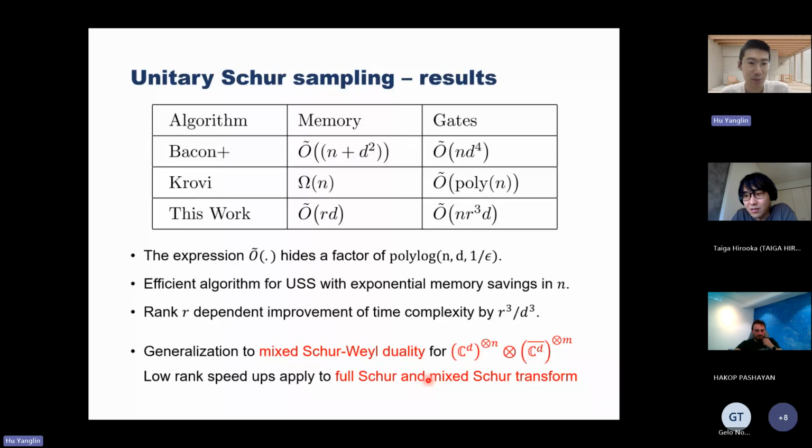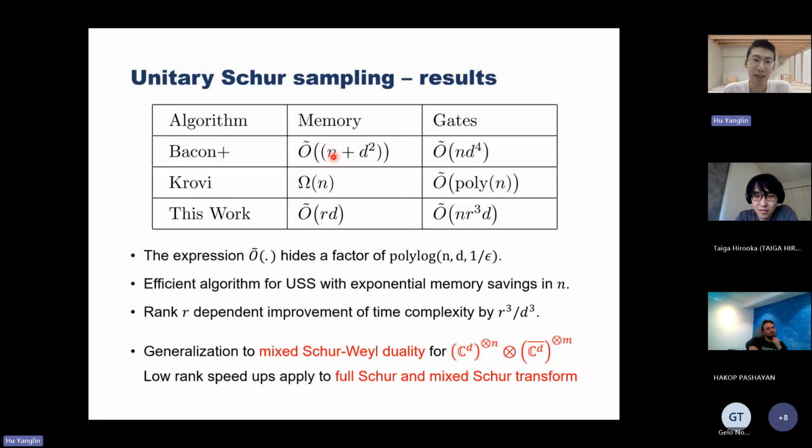So I think our algorithm will work better when d is larger. Sorry, maybe a moment. Sorry, I made a typo here. So our algorithm works better when n is large, like n is much greater than d. Because we get an exponential memory saving in n, here we get a logarithm, so here we have the polylog factor of n, d, and 1 over epsilon.